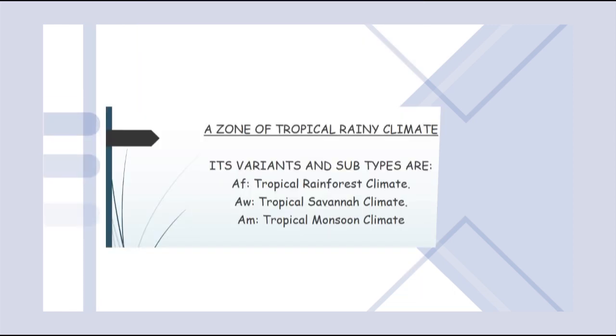In his demarcations, A represented tropical climates with subvariants as AF for rainforest climate, AW and AM to represent savanna and monsoon climates in the tropical regions.